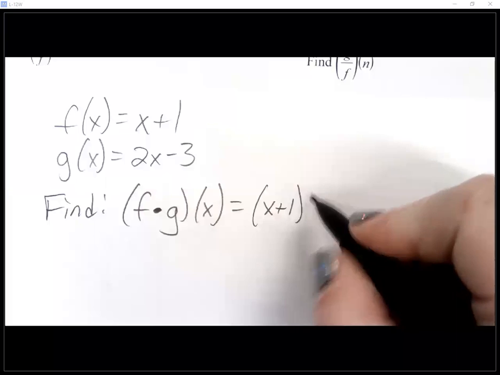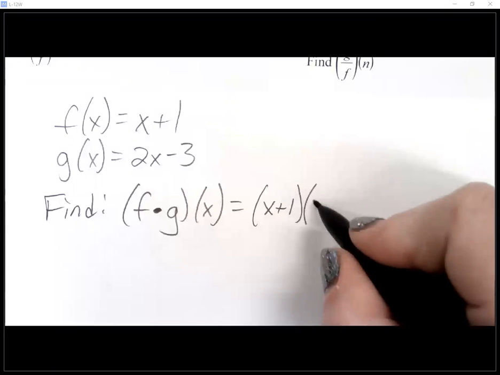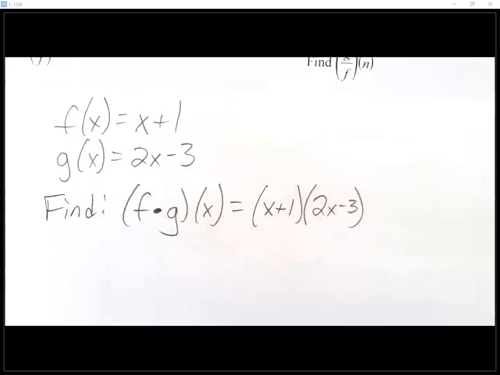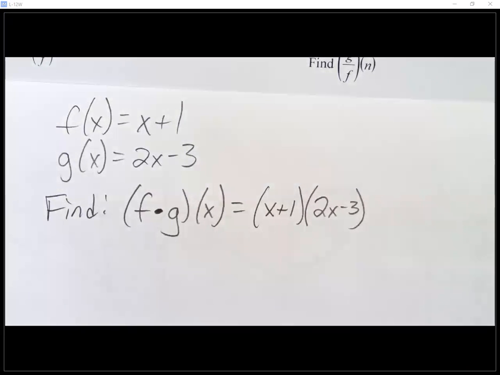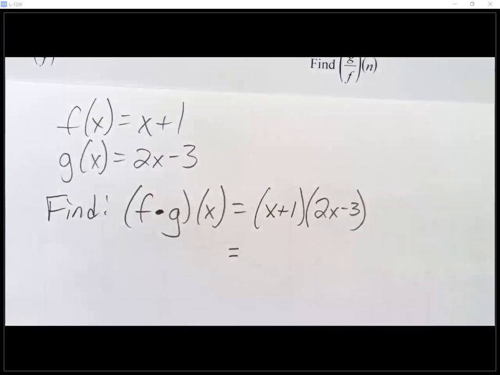And now I need to multiply by the g, 2x minus 3. Two x squared minus x minus 3. I think it's right. I did it in my head, but we'll find out together. No, wait, just be patient. Oh, it's a -3? I wrote it down wrong.